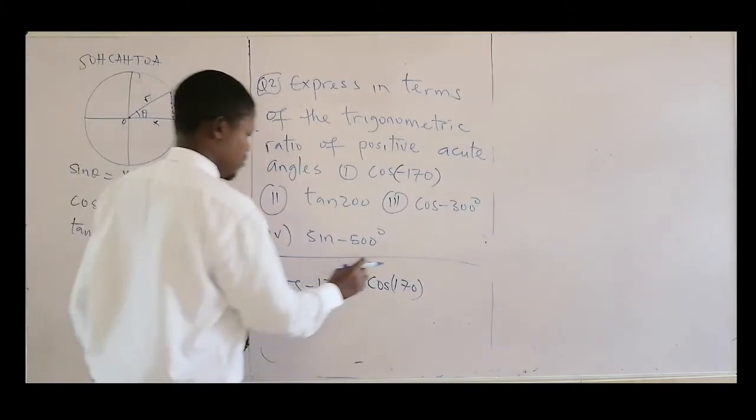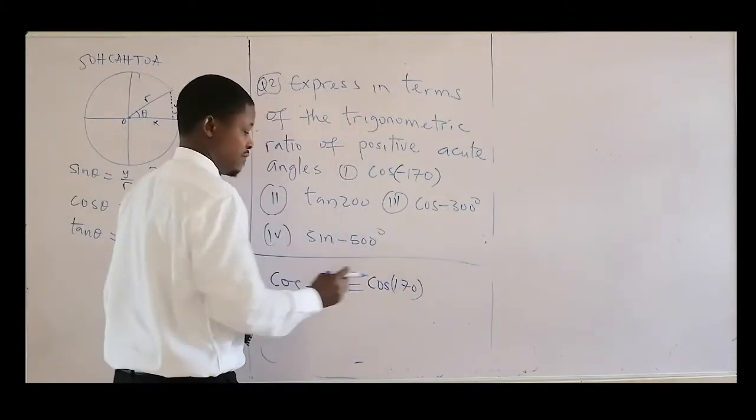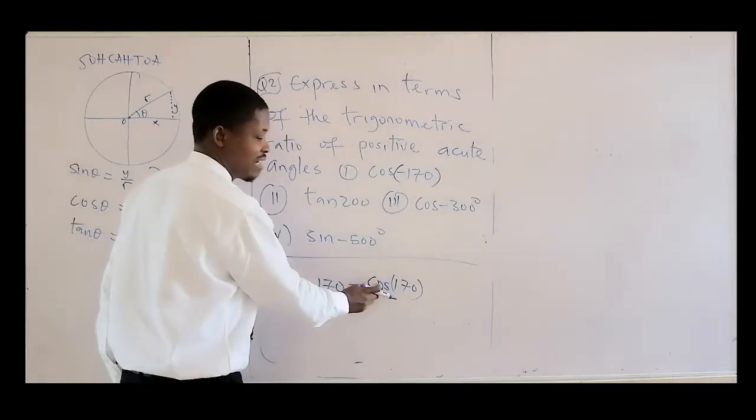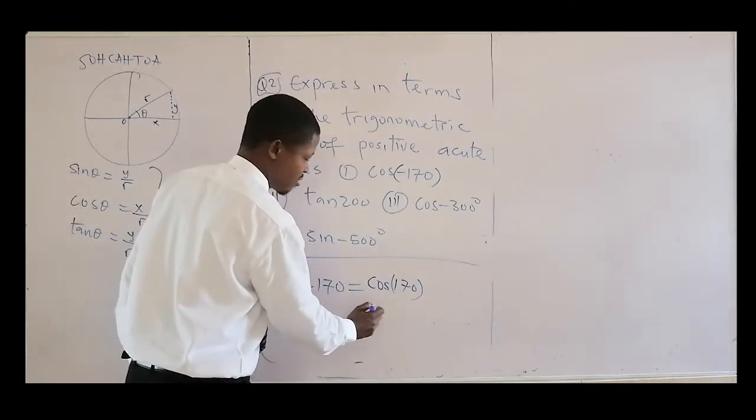Second step, where does this value fall? It falls in the second quadrant. For this value to fall in the second quadrant and be cos, that would now become minus cos.